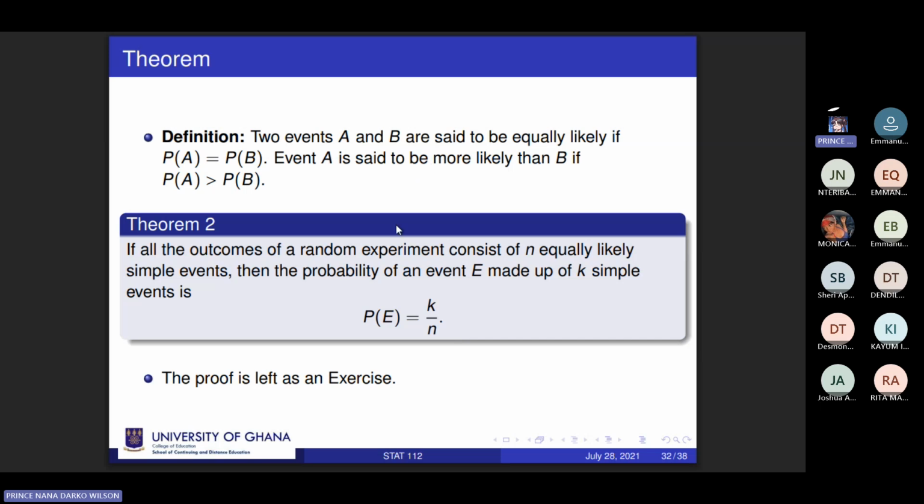Therefore, for every event on the face of the die, the probability of it occurring is going to be that event over the sample space, or the total number of possible outcomes. So this is no new thing. It says the proof is left as an exercise, so you can check that with the face of a die. You can check the probability of a 3 occurring and a 4 occurring, and you realize that they are all the same value.